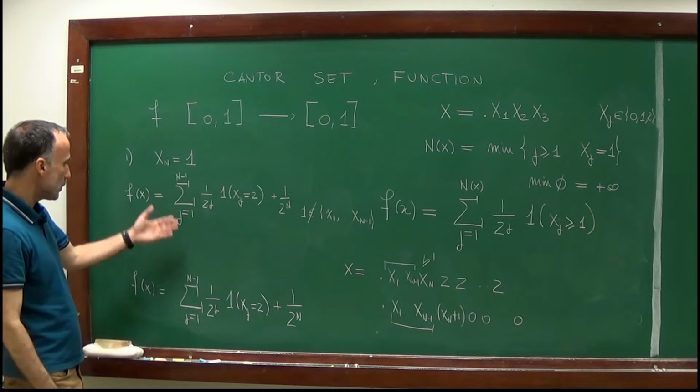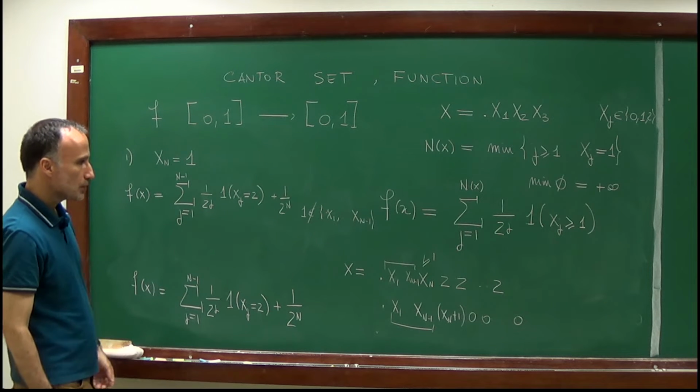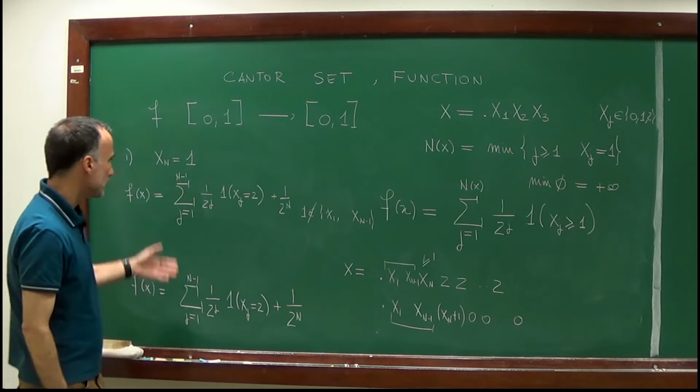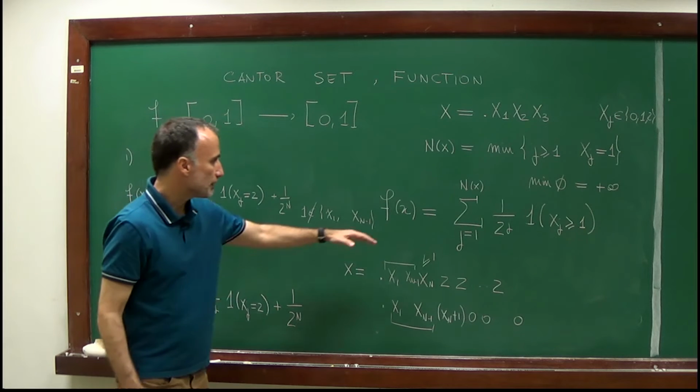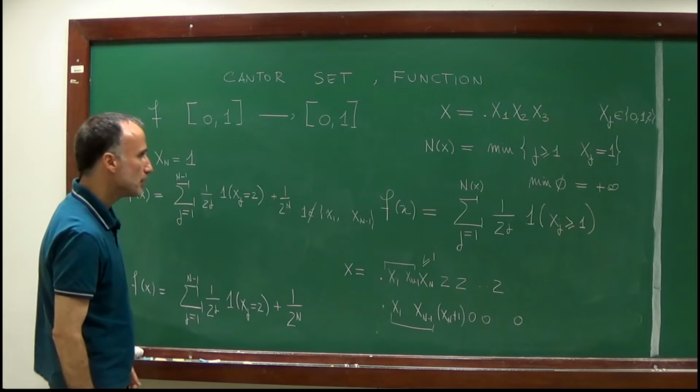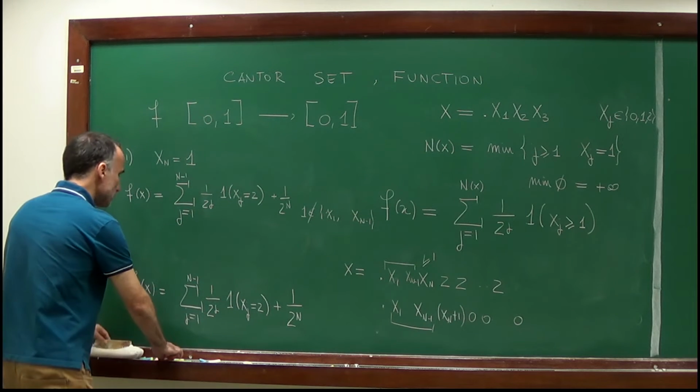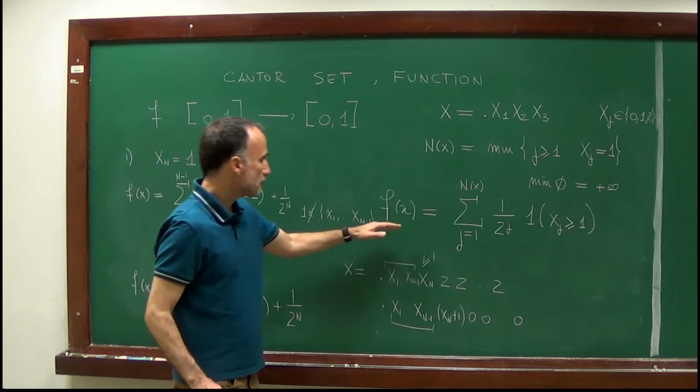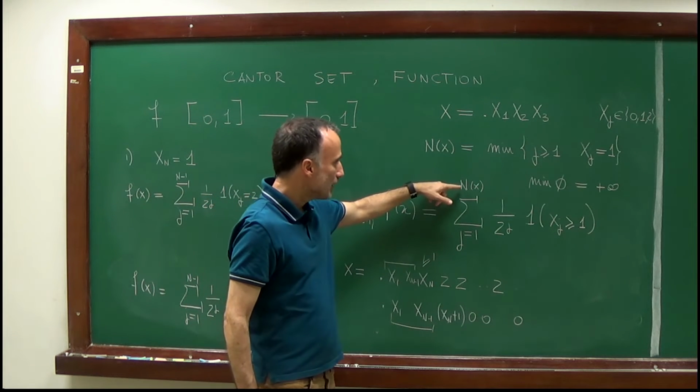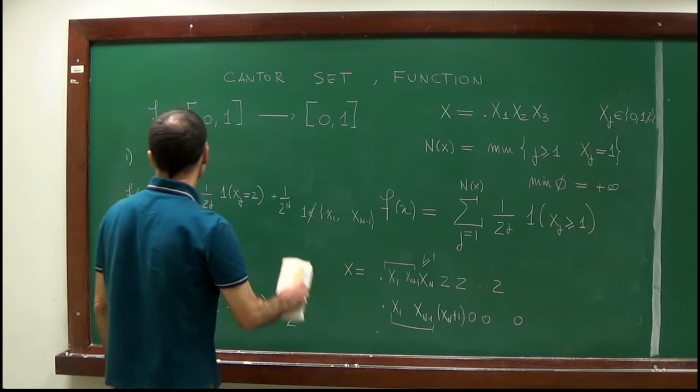And again, both representations give the same value, and therefore f of x is well defined. So this proves that this function is well defined, though n of x is not well defined.